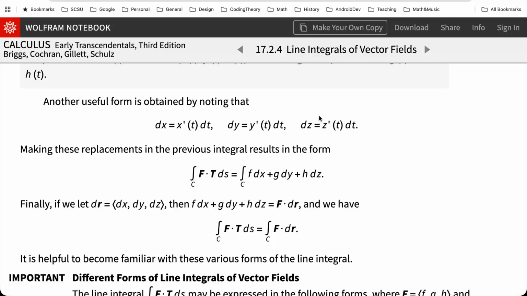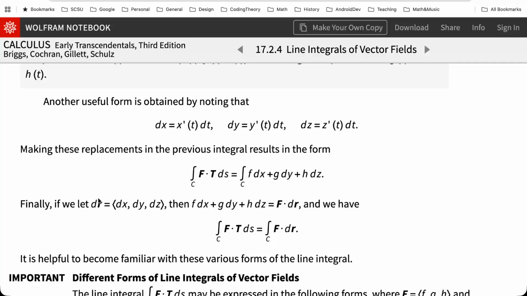Finally, there's an abbreviation they're adding in here, which is called dr. And it is just a vector made out of the differentials, dx, dy, and dz.